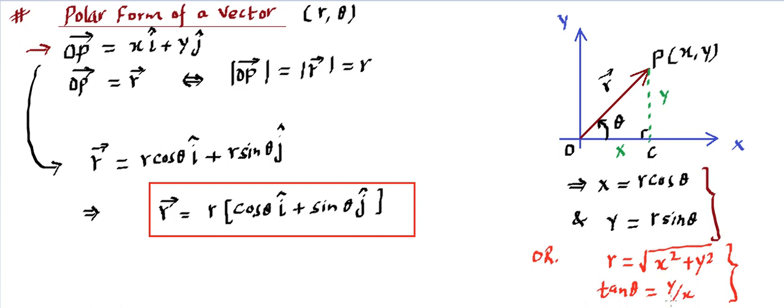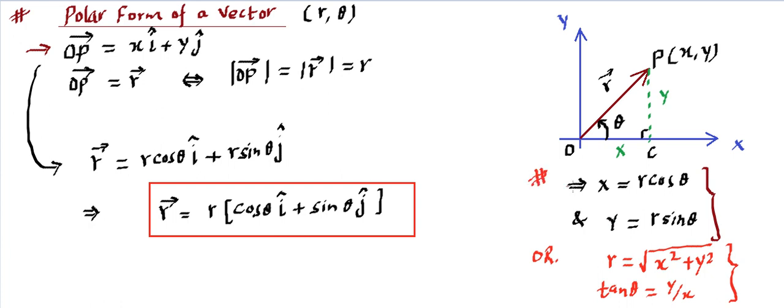They are trying to explain that if X and Y are known to us, we can get the values of R and theta. From here theta can be calculated: theta is going to be tan inverse of Y by X. Making sense? And these two expressions are trying to say that if R and theta are known to us, we can get X and Y. So this becomes important for us.